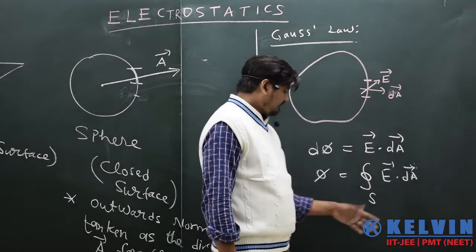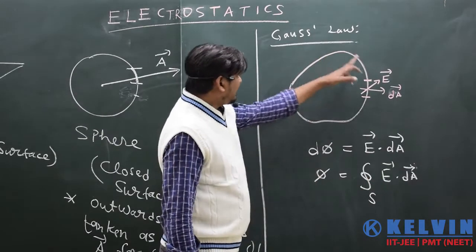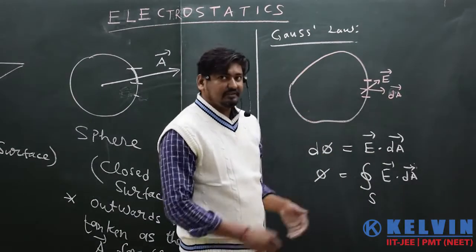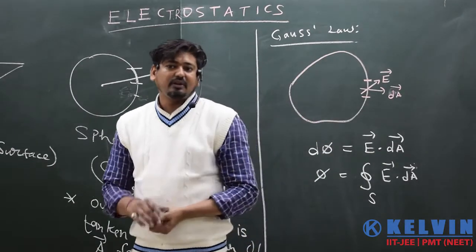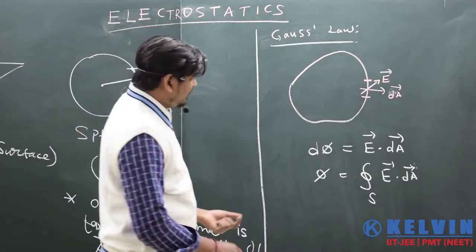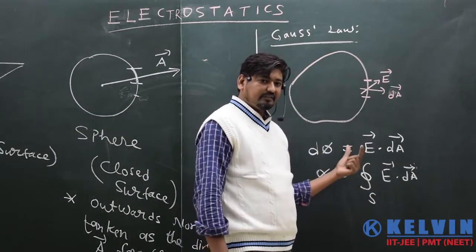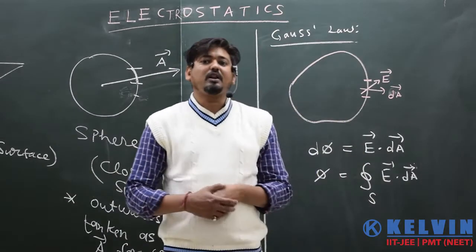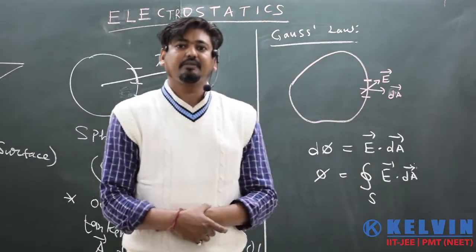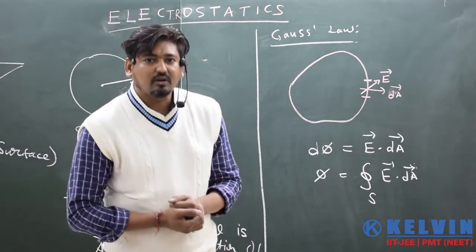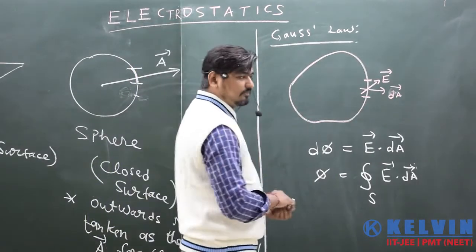This is the total flux associated with this surface, and according to Gauss law, the total flux associated with a closed surface is equal to 1 upon epsilon times the total charge enclosed inside the surface, right?